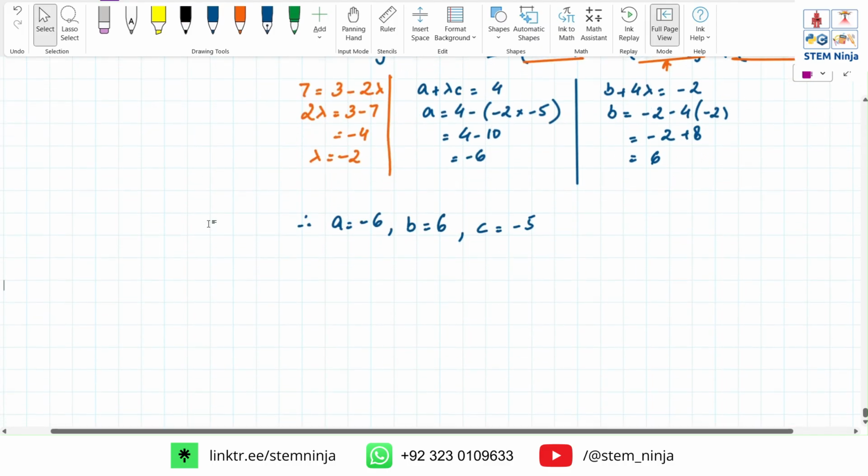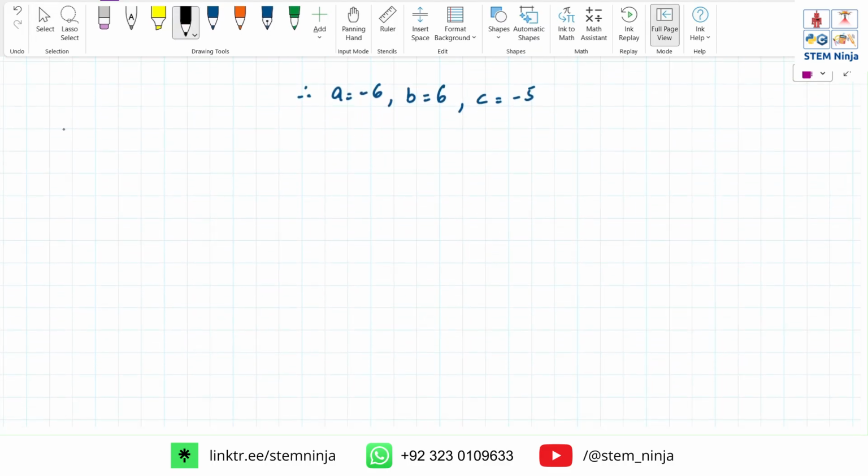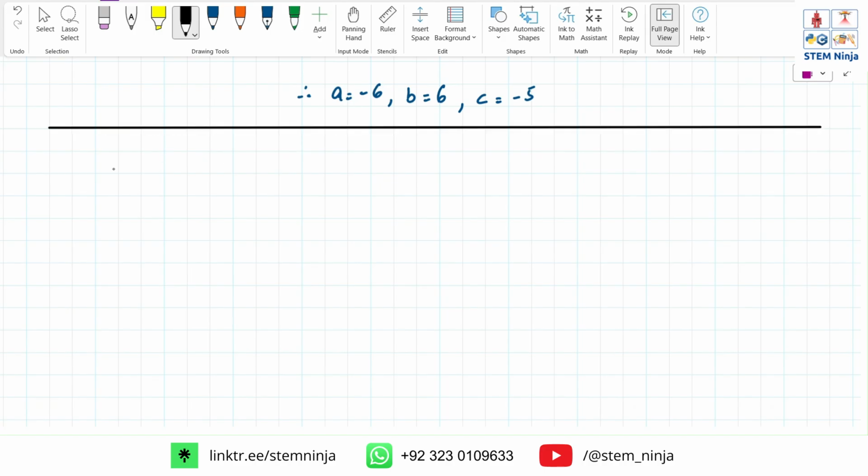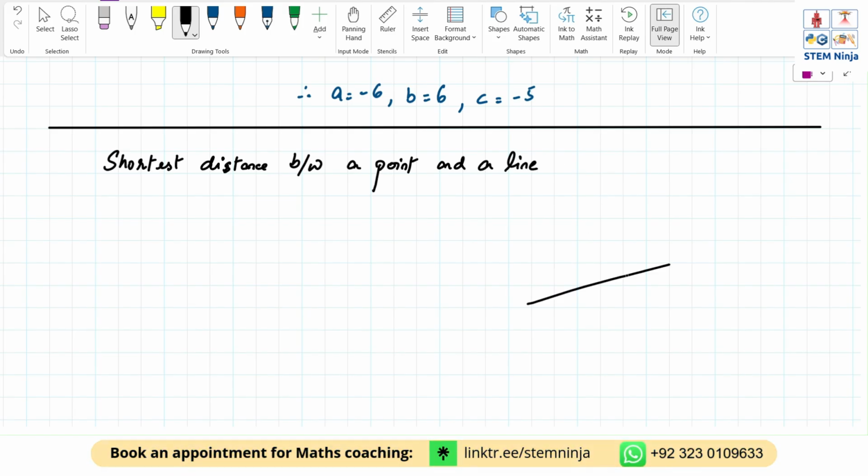Now, before we answer the last part of this question, we need to revisit a very important concept, which is the shortest distance between a point and a line. So what that means is, for example, this is your line and this is your point.